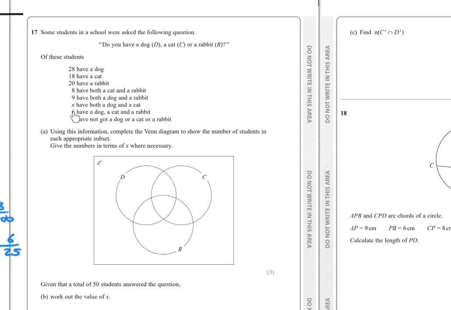So we can start with this number. So we have 6 in the middle, dog, cat, and rabbit. 5 have not got a dog or a cat or a rabbit, so we have 5 outside.